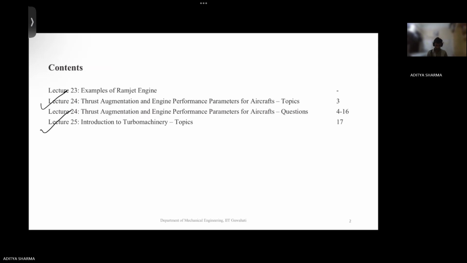Lecture 25 we will discuss, but because in your assignment we are not questioned on this, I believe, we'll wait for questions to be framed on this lecture in the coming assignments.